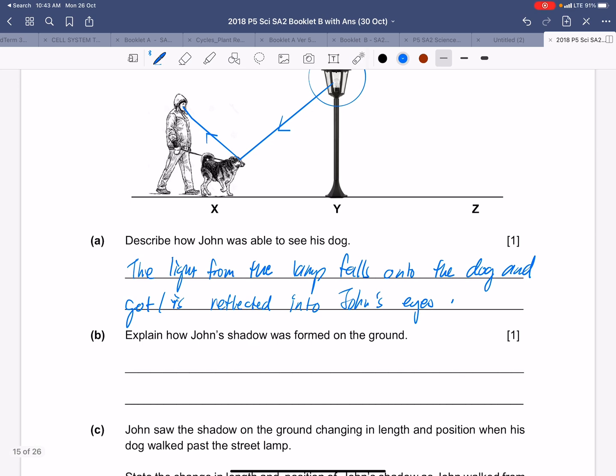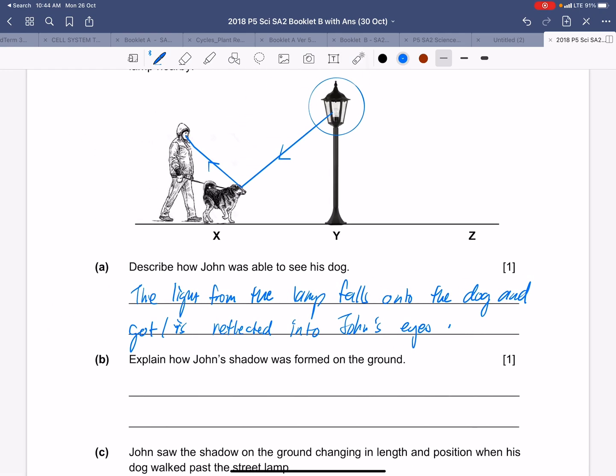Now explain how John's shadow was formed on the ground. Basically, an opaque object blocks the path of light, which travels straight, forming a shadow. That is something very fundamental.